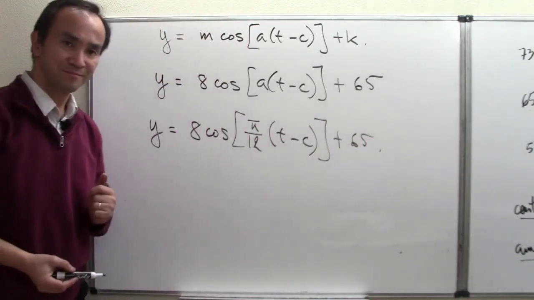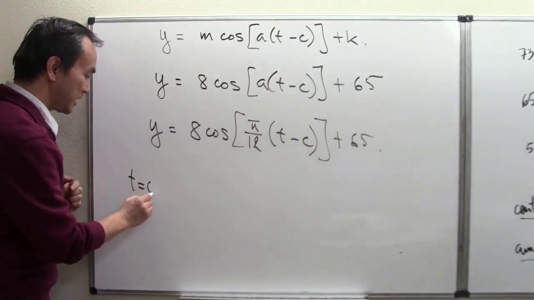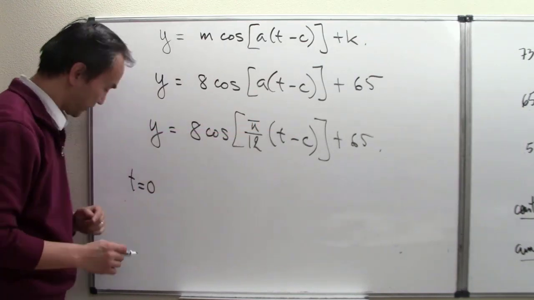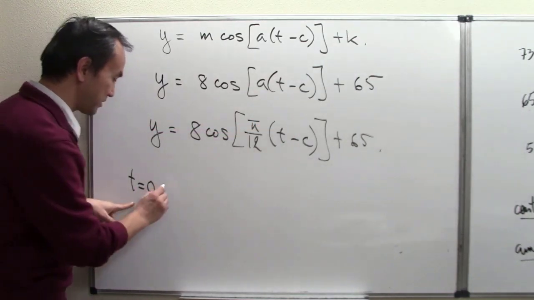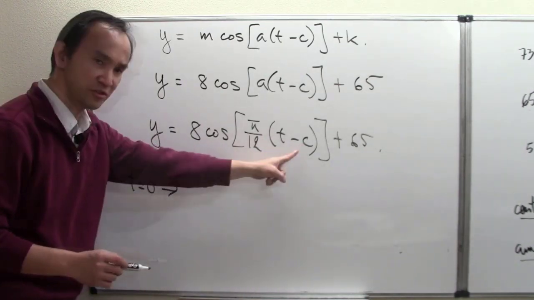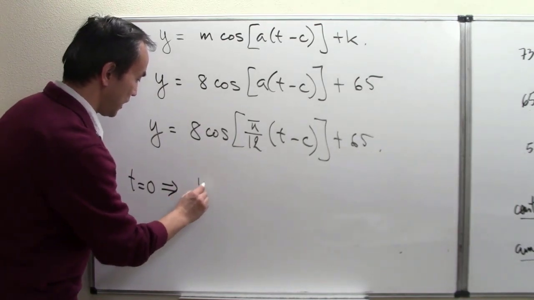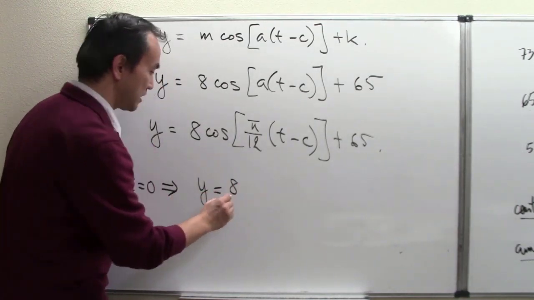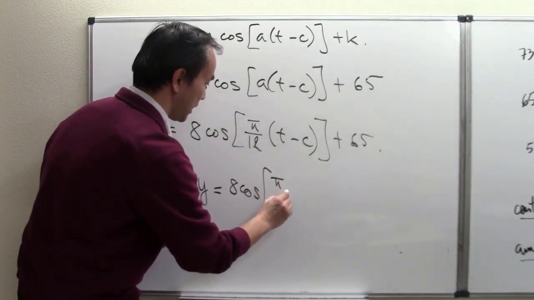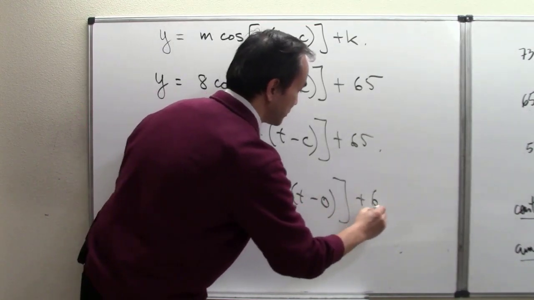All right. And now further, with our starting point being identified as t equals 0, let's list it down on the other board right there. Then we must substitute this into the general form of the function. And so that means we're looking at y equals 8 times cosine of, now I have a pi over 12 times t minus 0 plus 65.